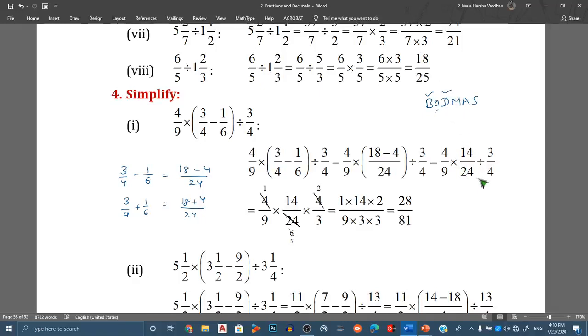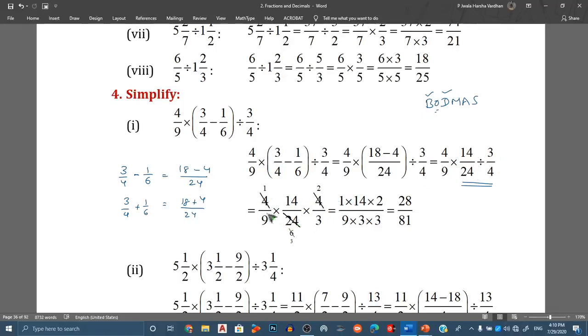In between which fractions is division there? These two. So first convert this division into multiplication by taking the reciprocal of 3 by 4, which is 4 by 3. Now all the fractions are in multiplication form.